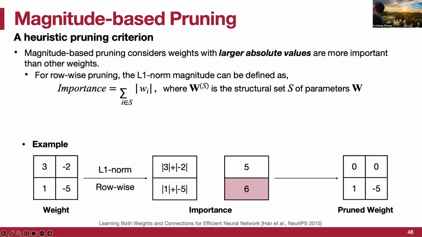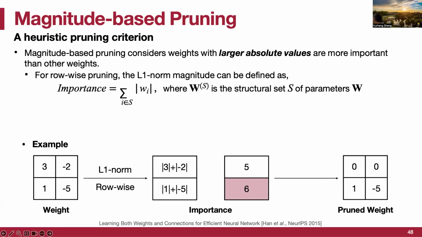Instead of calculating the L1 norm element-wise, we consider this as one vector and this as the second vector, and we calculate each vector's L1 norm. The first row's L1 norm is 5, the second row's L1 norm is 6.